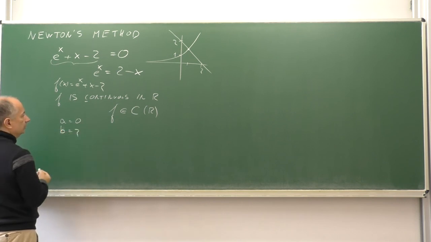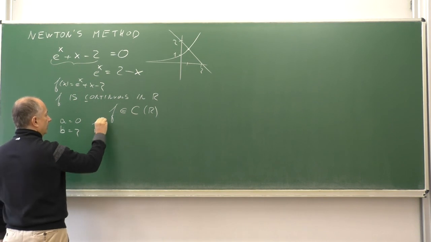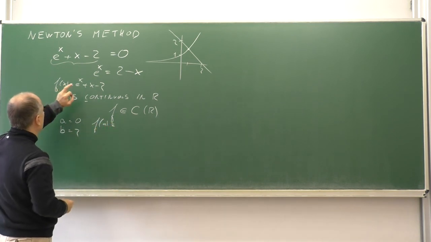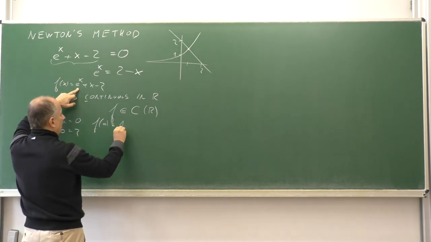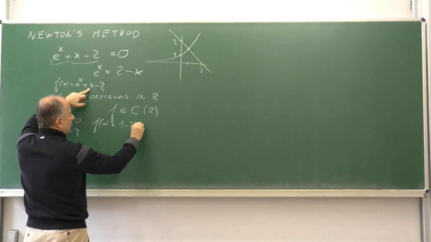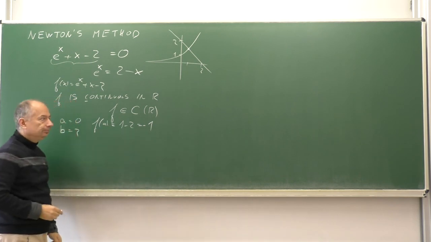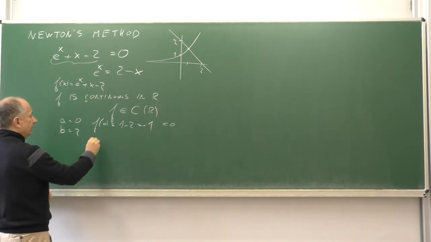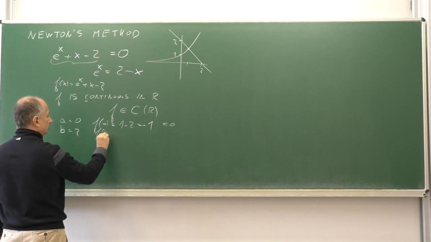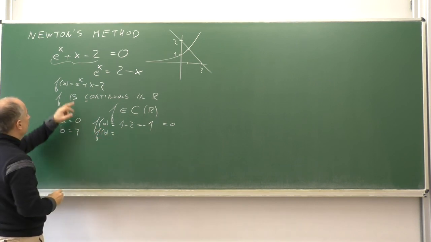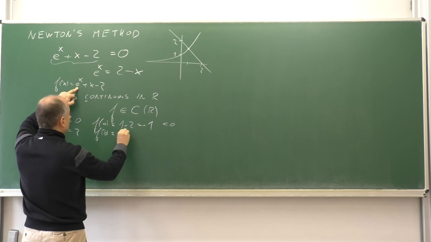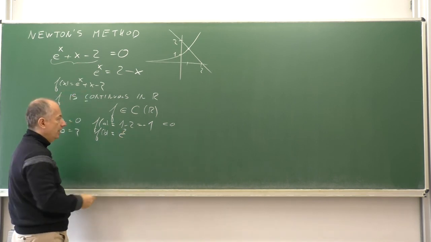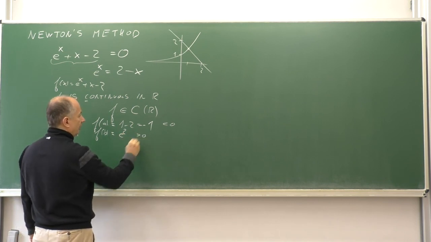and B is 2. Because then the function value at A, namely at 0, is e to 0, which is 1, plus 0 minus 2, which is minus 1, negative. And function value at B, if x is 2, we have e squared plus 2 minus 2, so this is e squared, and this is technically positive.